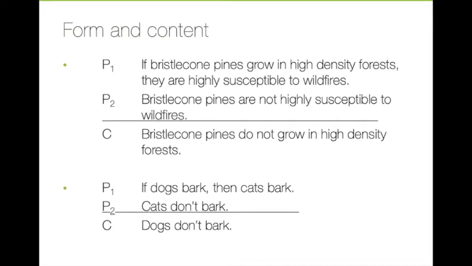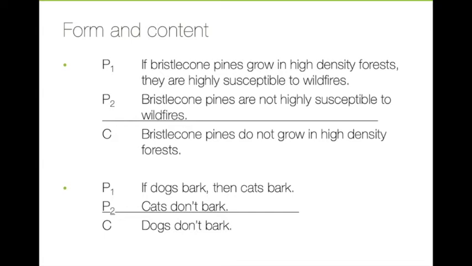Now, the last pair of arguments we looked at had very similar content, but radically different forms. Here, we're going to look at two arguments with the same form, but very different content. So pay attention to the similar structure as I read these two arguments. Premise 1, if bristlecone pines grow in high-density forests, then they are highly susceptible to wildfires.